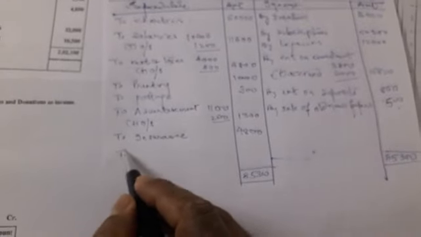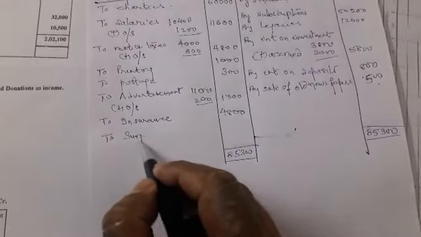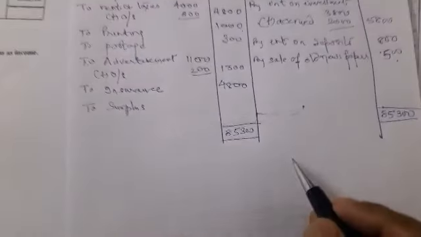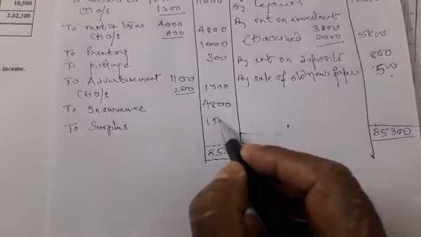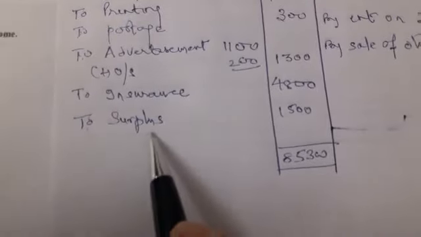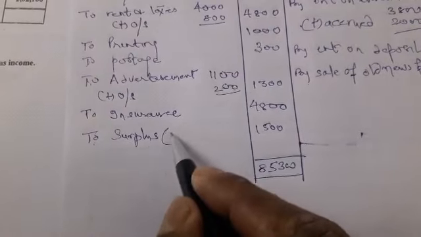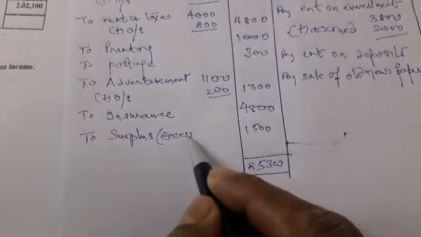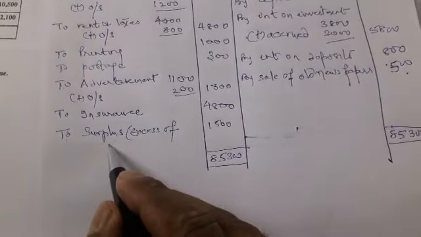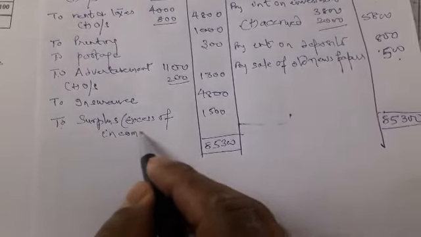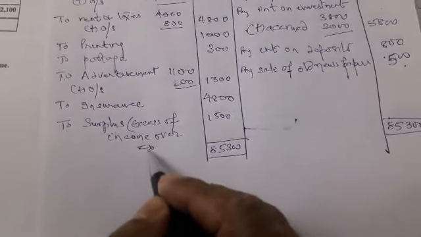The expenditure side is short by 1,500, which will be known as surplus, or the excess of income over expenditure.